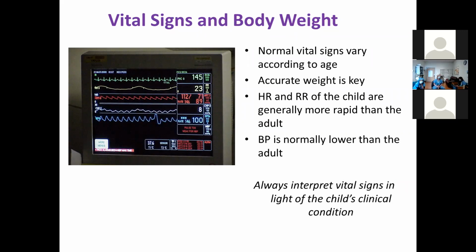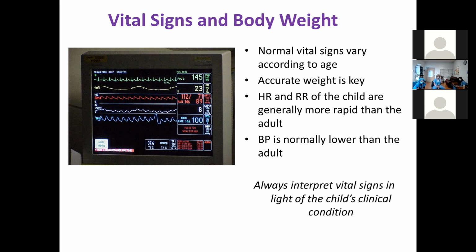In other words, the younger the child, the higher the heart rate and respiratory rate, and blood pressure is normally lower than adult. But what's important to know about pediatric vital signs is that it is just a number, right? If you look at different textbooks, there is no absolute consensus on pediatric vital signs, so there is a variation.